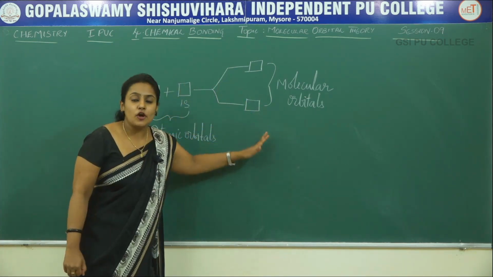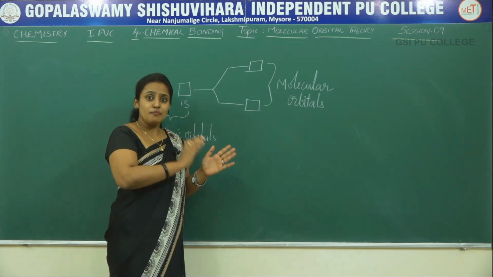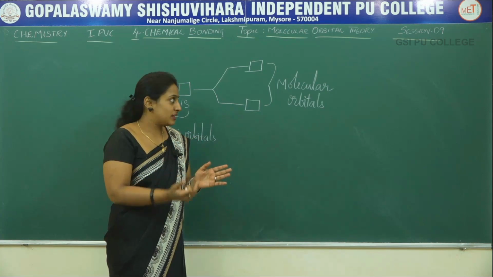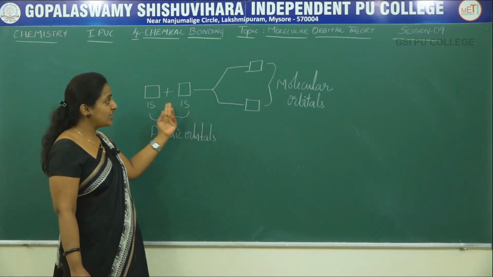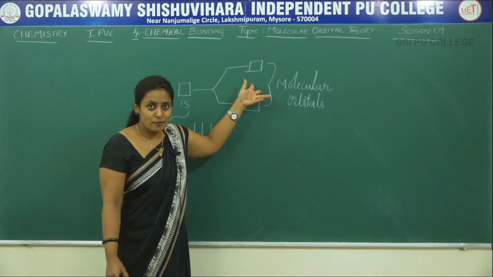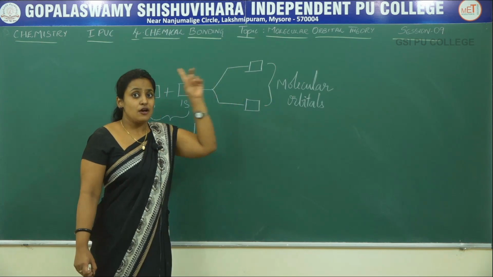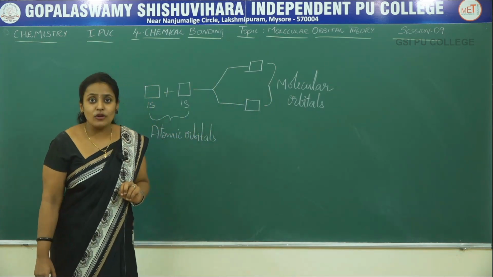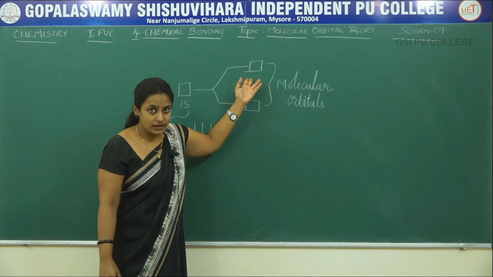How many molecular orbitals are going to form? As many atomic orbitals combine, that many molecular orbitals form. And you can observe here the two atomic orbitals combining to give two molecular orbitals. These two molecular orbitals are known as, the first one the bonding molecular orbital and the other the anti-bonding molecular orbital.